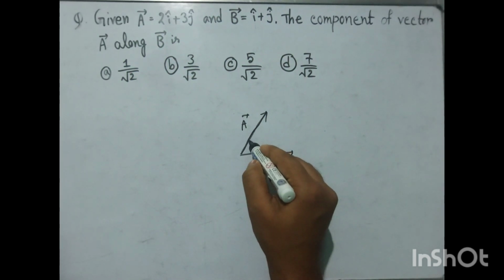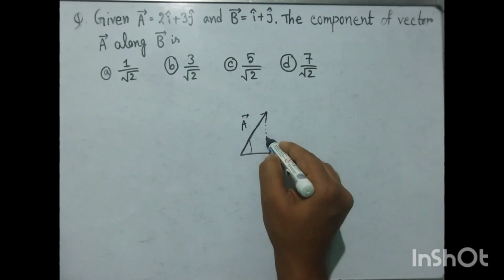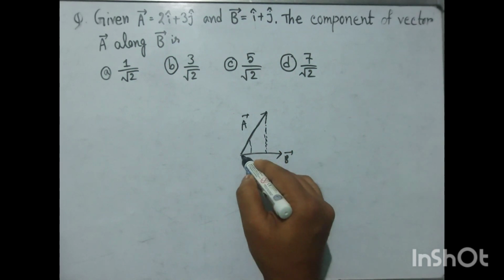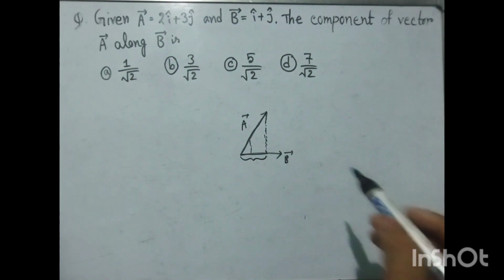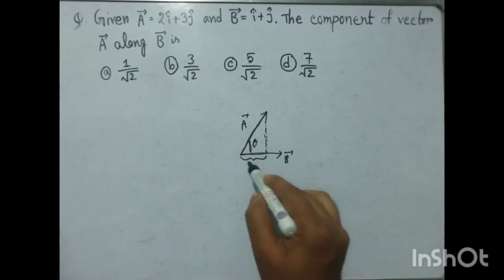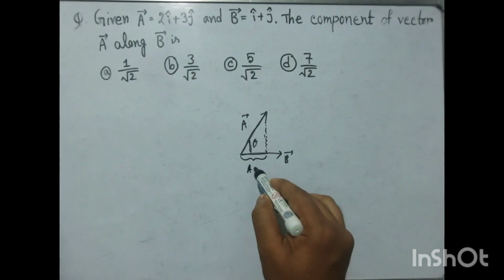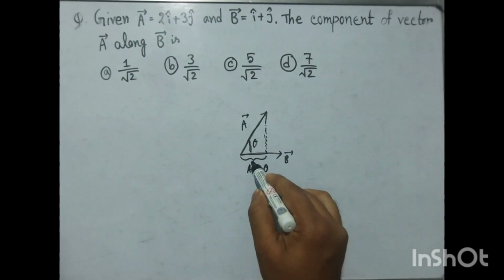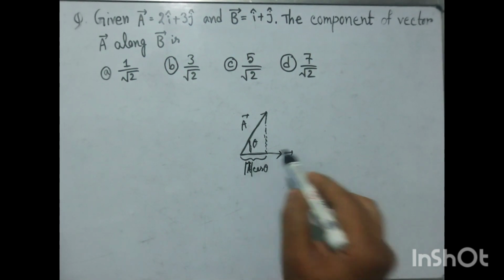Now we have to find the component of A vector along B vector, that is this. So if the angle between A vector and B vector is theta, we know this will be A cos theta. A is the magnitude of A vector.